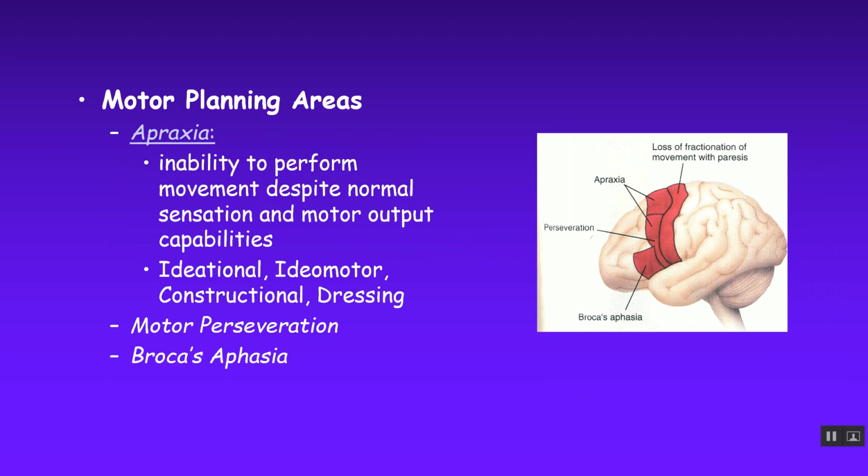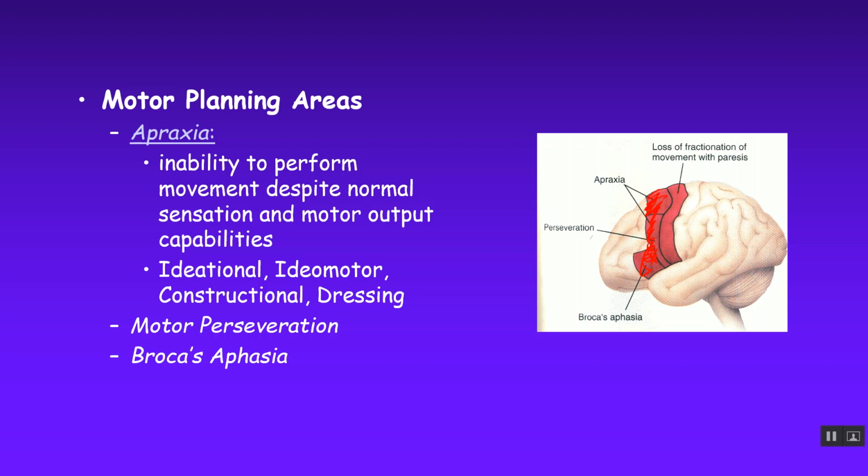Motor planning areas we've talked about. Damage to the motor planning areas, and it could be any of the motor planning areas, is typically referred to as apraxia, a term to describe the inability to perform movement despite normal sensation and motor capabilities. You do a manual muscle test, they're just fine. Sensation is fine, yet tell them to do some automatic movement like brush their teeth, and they can't do it.